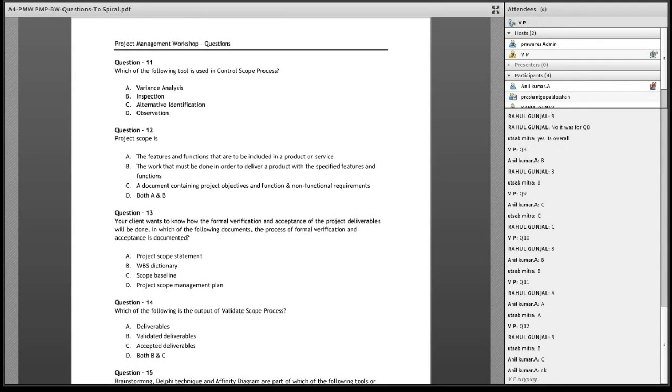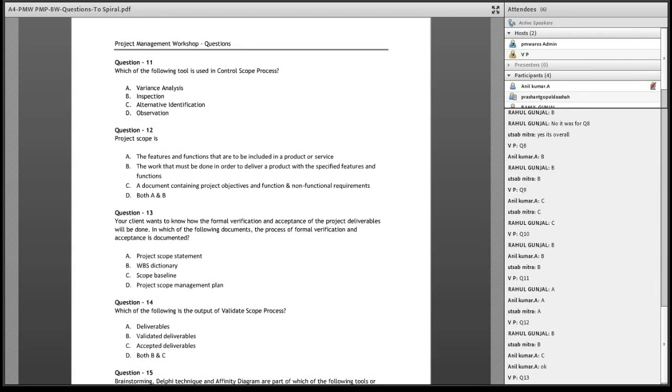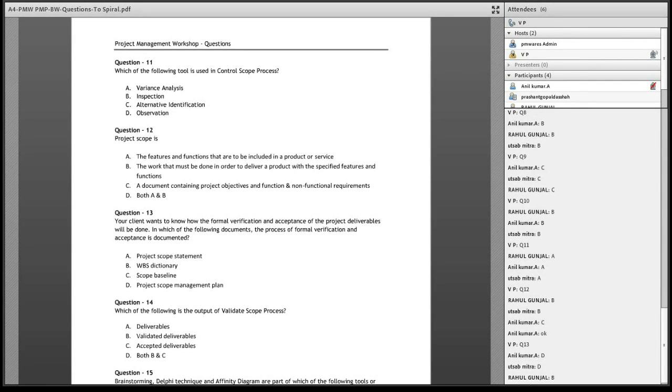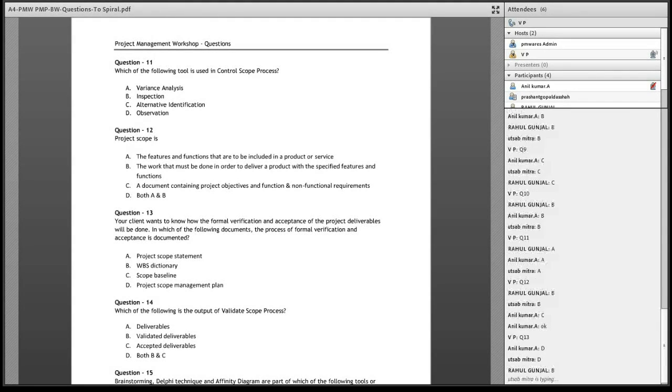What about 13? D, D and B. Okay. Your client wants to know how formal verification and acceptance of the project deliverables will be done. In which of the following documents is the process of formal verification and acceptance documented?